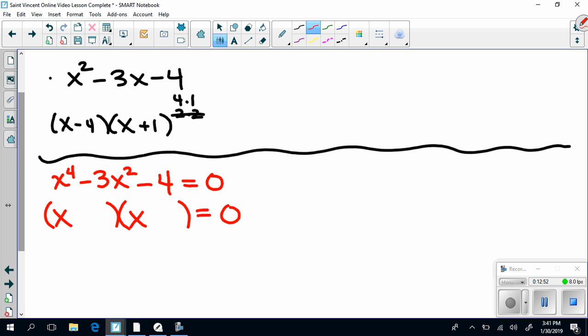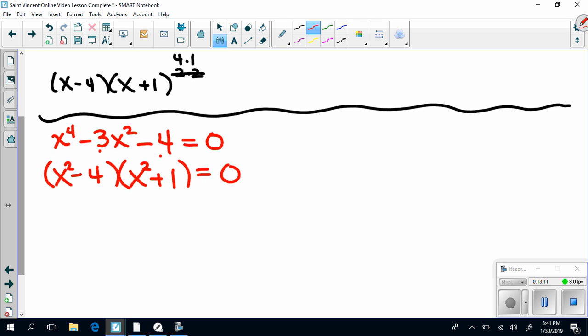X and x, factors of 4 that subtract to make 3, negative 4, positive 1. The only thing that's different is you now have little 2's on your x's. So if you have an x to the 4th, you do need those x squareds.